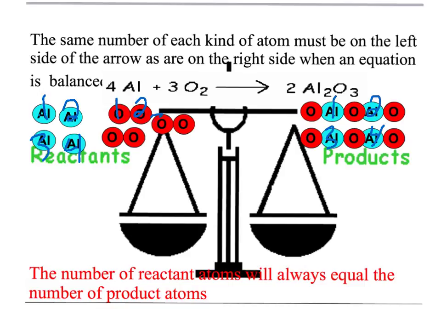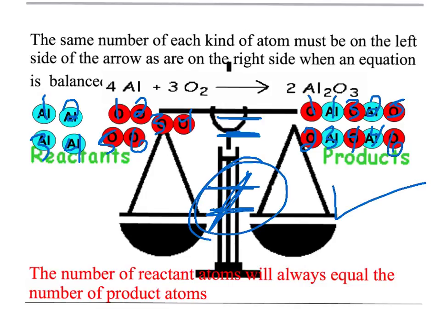Got 1, 2, 3, 4, 5, 6 oxygen, and 1, 2, 3, 4, 5, 6 oxygen. If they are equal, then we're balanced and we're good. Anytime it's not equal, it's not possible.